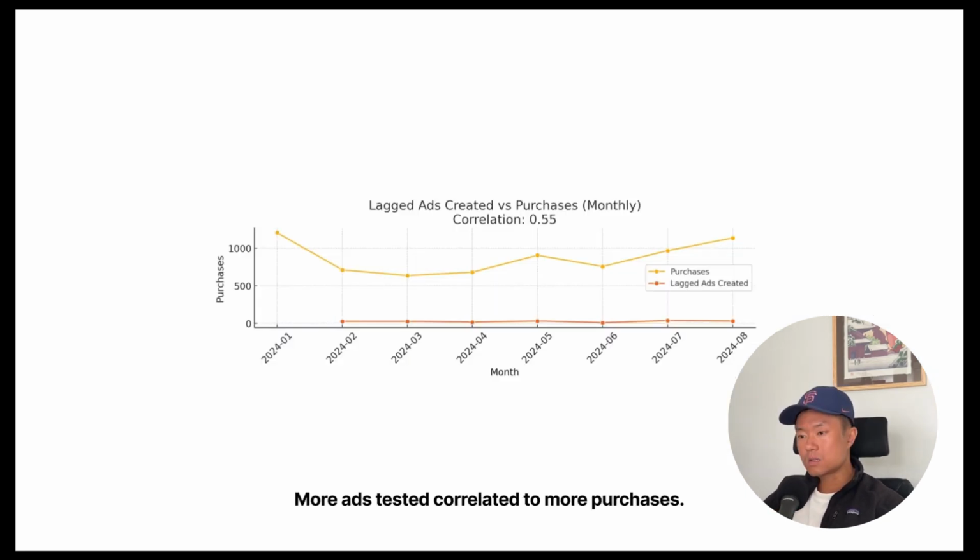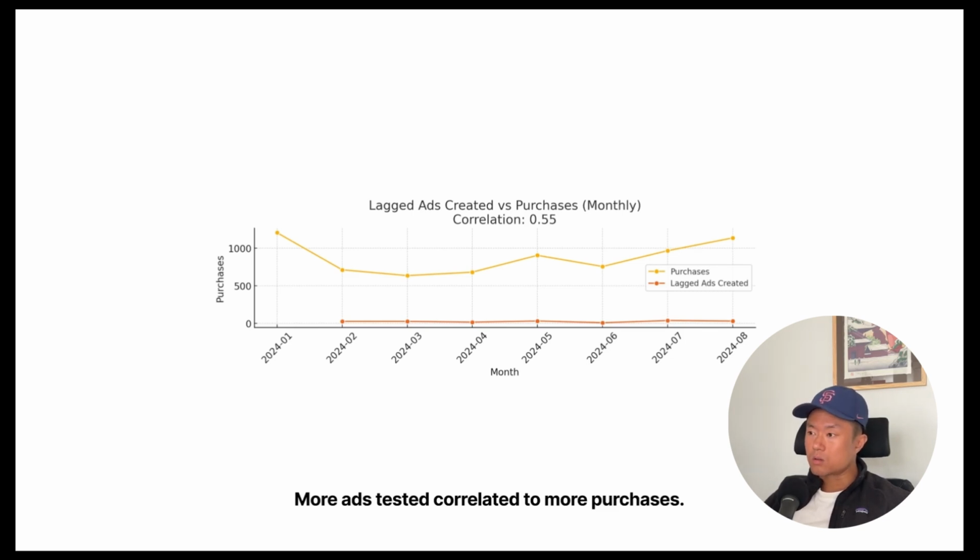And this was some original research that I did with a subscription brand that I worked with late last year. They also used a web sign-up flow, setup conversion API, and we found that the more ads that we tested, it correlated to more purchases next month.